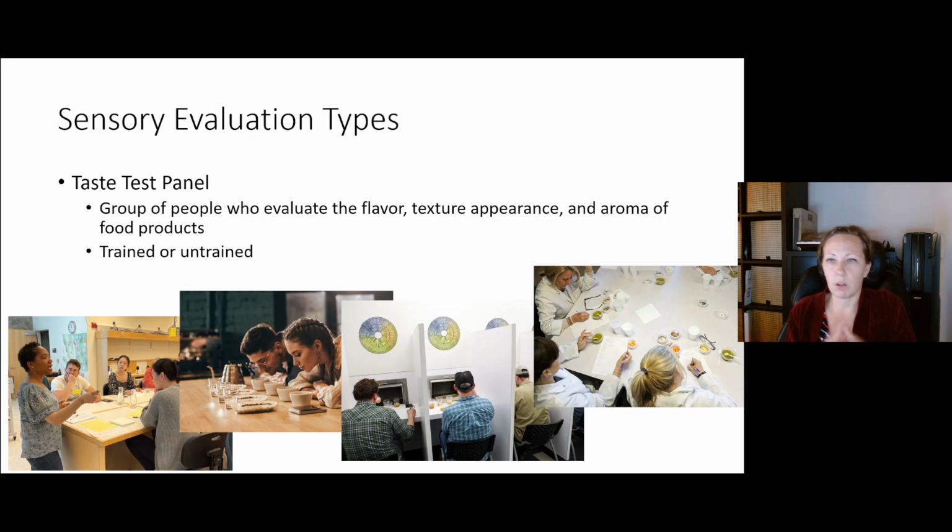Okay, so a taste test panel is every single panel that we're going to talk about after this. Okay, so it's just a group of people that evaluate the flavor, texture, appearance, and aroma of the food products. Okay, and it can be a group of trained people or untrained people.